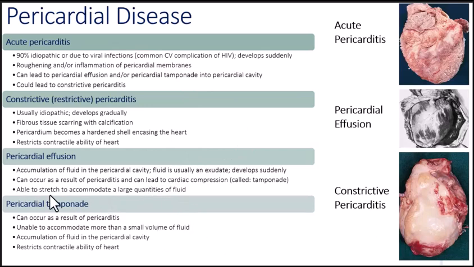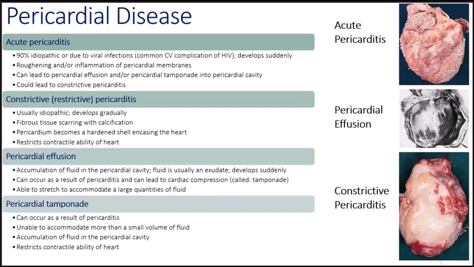Now, if fluid were to accumulate kind of gradually, the pericardial space would be able to accommodate this extra amount or this accumulation of fluid. But if it accumulates very quickly, then it can lead to compression of the heart, a condition called pericardial tamponade.